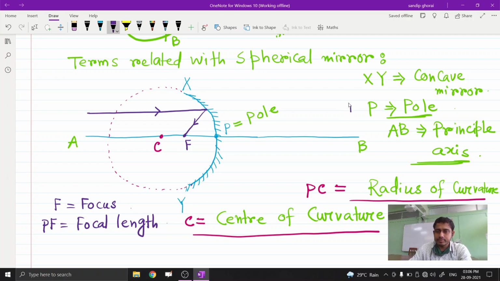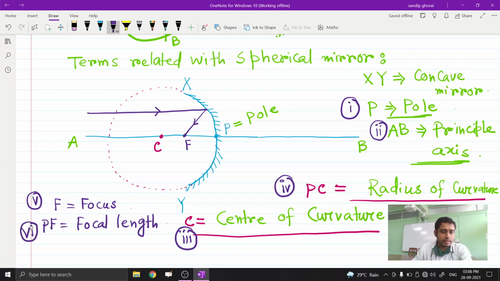First one is pole, second is principal axis, third is center of curvature, fourth is radius of curvature, fifth is focus, and the sixth is focal length.